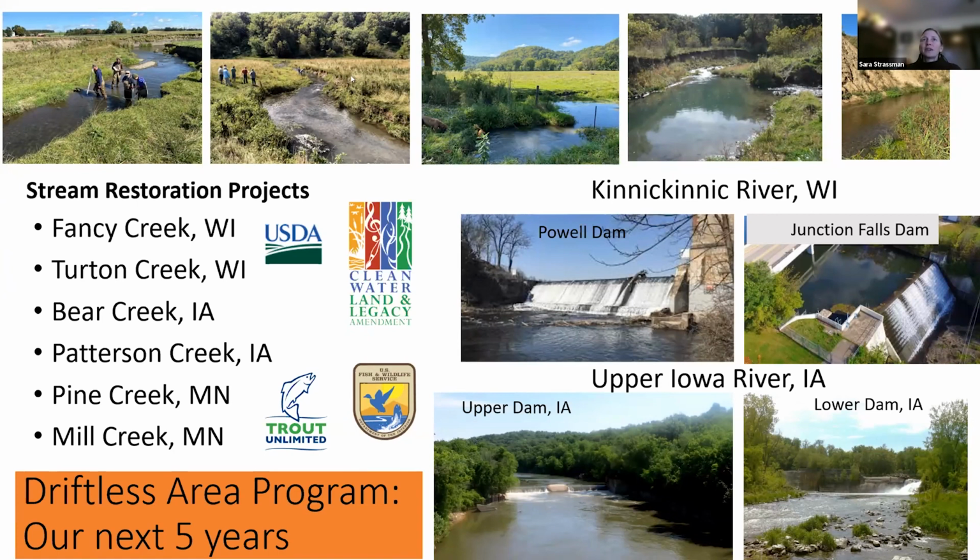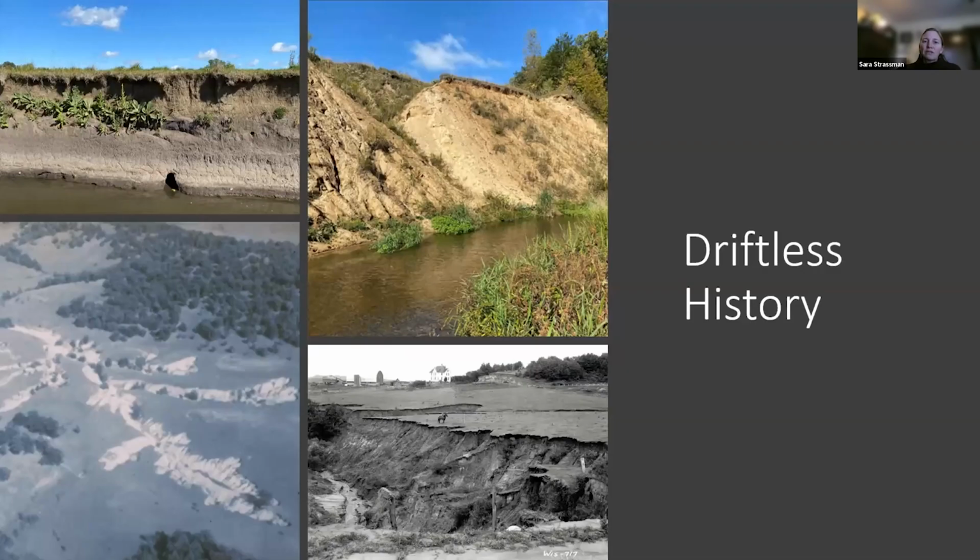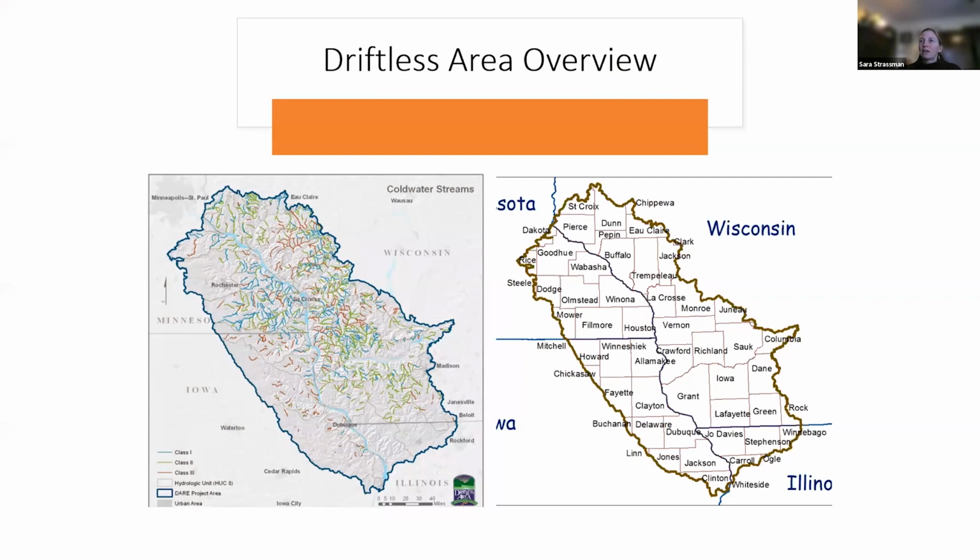In fact, I can go back to that slide to show what counties are eligible to receive that funding. Here we go. And so we work with NRCS staff to identify project opportunities in those areas.